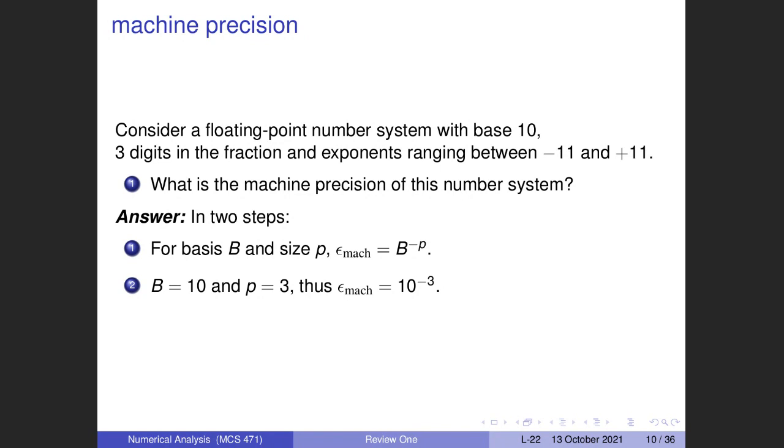There is the formula that you have to evaluate, and that gives you the machine precision of 10 to the power minus 3. The minus is important. You would need to use the exponents if the question would be, what is the smallest positive number that can be represented in this representation?